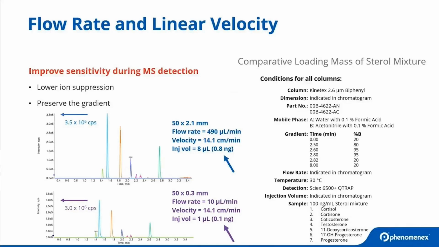This is the chromatogram on the bottom. And yet with that smaller sample mass, we achieve comparable levels of sensitivity. So almost the same level of ion counts as we did when injecting a larger sample load onto the 50 by 2.1 millimeter ID. So we have preserved the time points of our gradients, and we have increased our sensitivity upon transitioning to that 50 by 0.3 millimeter column.